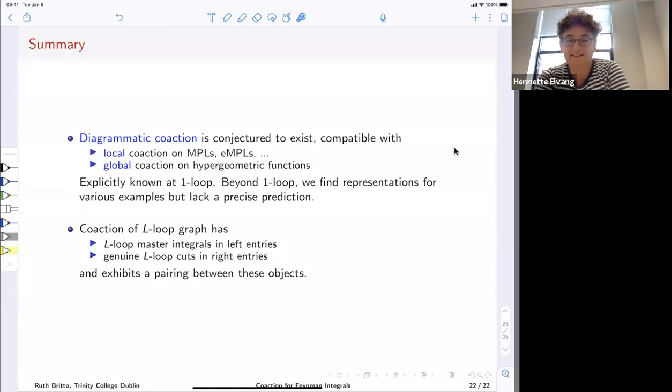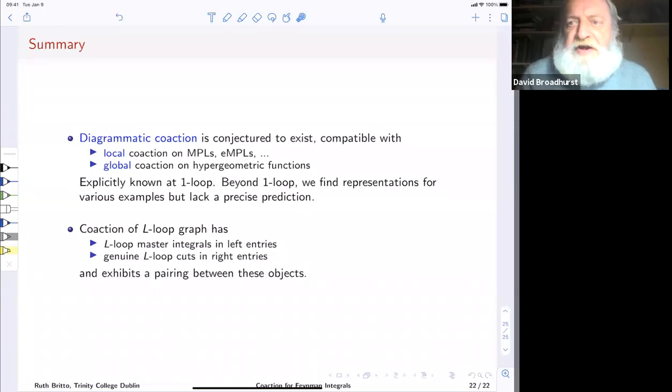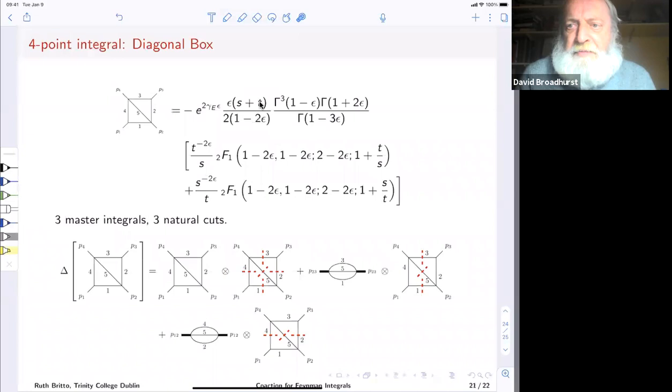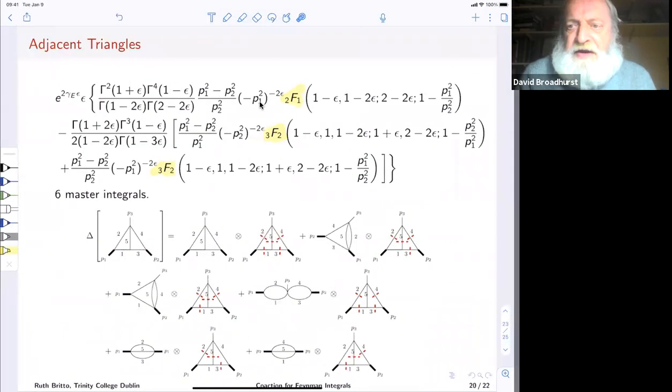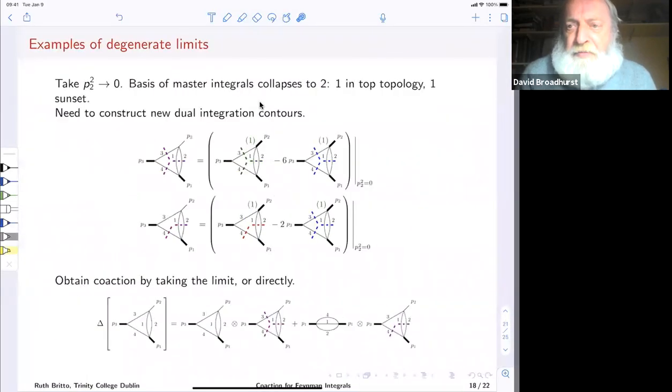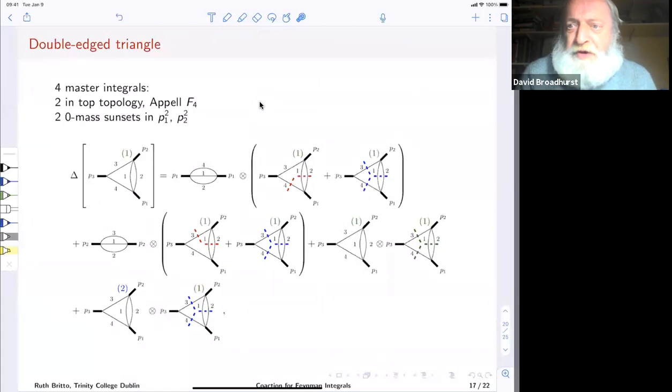So I see that there is a question from David right away. Yes, well, congratulations on these very explicit two-loop examples. My question concerns the double-edged triangle. There was a paper by Dirk Kreimer in May who defines a coaction on diagrams based on the cubical chain complex, which he says is completely compatible with what you do for diagrams that reduce to multiple polylogarithms and for simple graphs like the sunrise diagram, where the number of spanning trees is the number of edges.